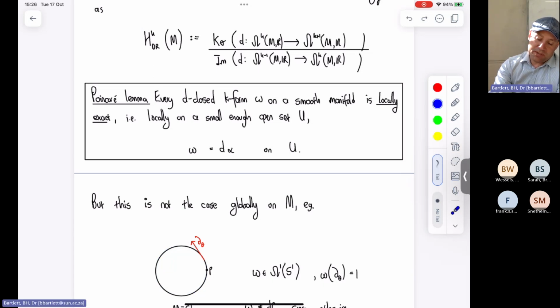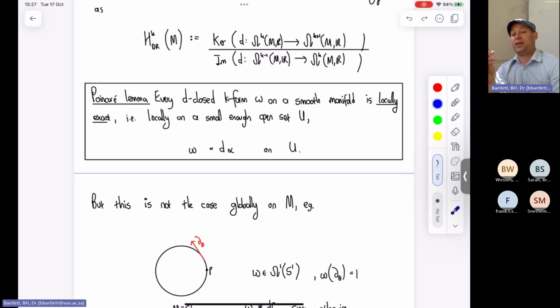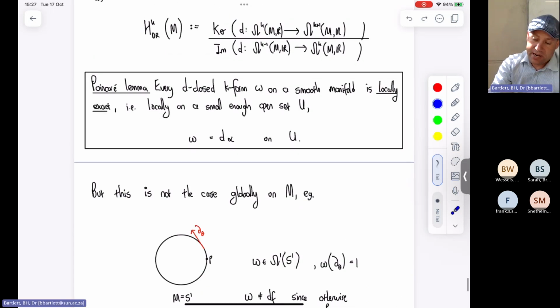The one-form is defined to be the dual of this canonical vector field, which at each point is the vector of norm 1 going counterclockwise around the circle. I call that del theta. So omega is the one-form dual to that, and that's a nice one-form on S1. It's definitely closed. Why is it closed?